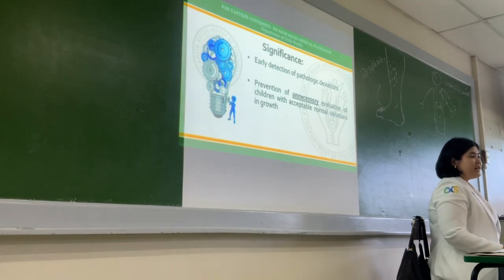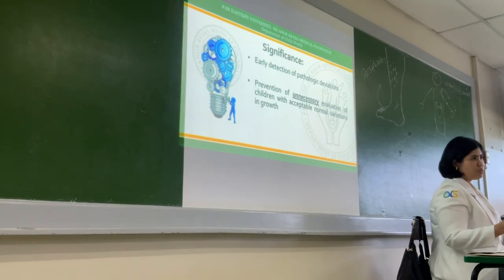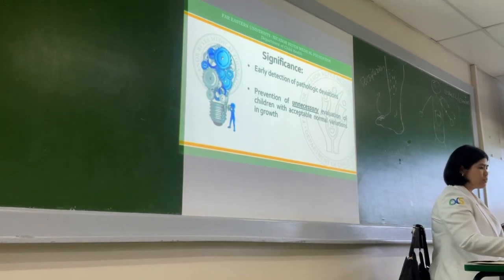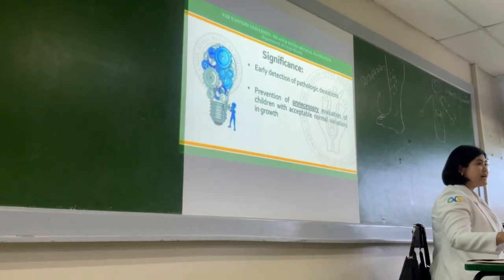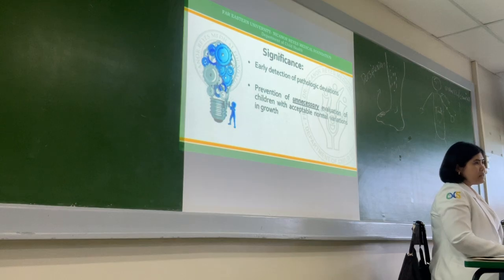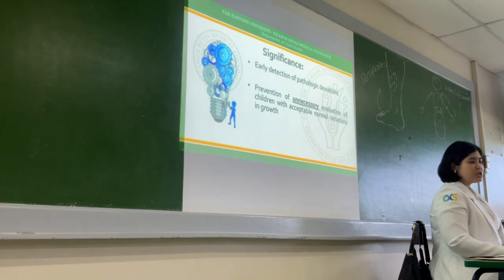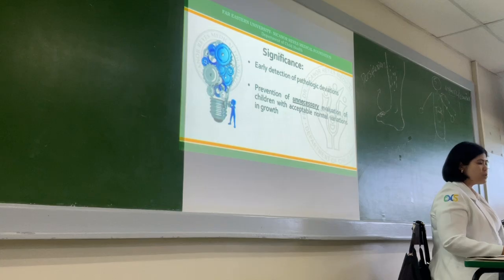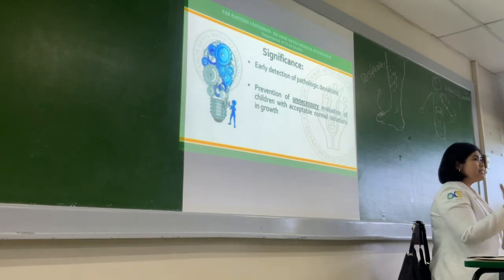So why do we need to measure growth? Why do we need to monitor a child's growth? Because it can be considered as a vital sign in children, and aberrant growth at any point in life may already be a first sign of an underlying pathologic condition. So you have to know the normal patterns of growth so that you know that this is something that you have to investigate.